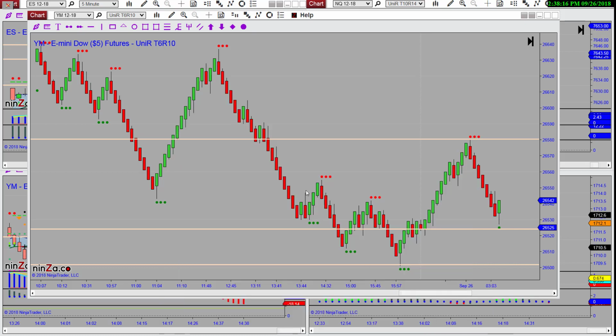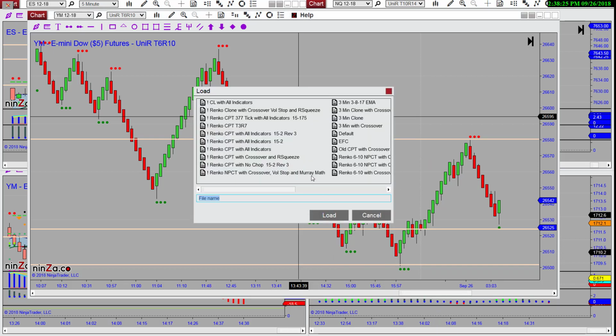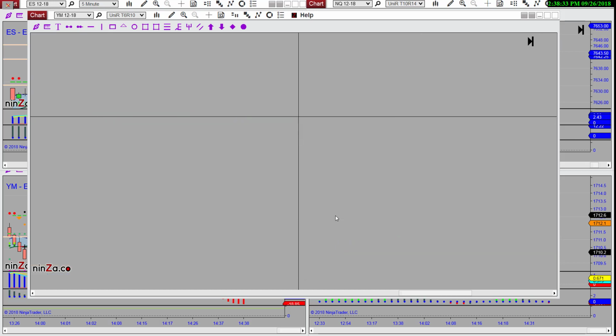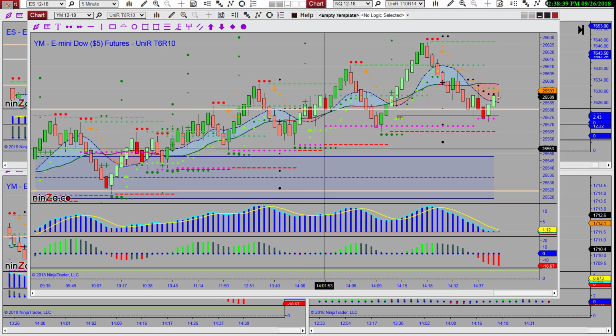Let me try this a different way. It's going to take way too long for me to put all of these things up individually. So what I'm going to do is put up everything, and I'm going to zoom in.